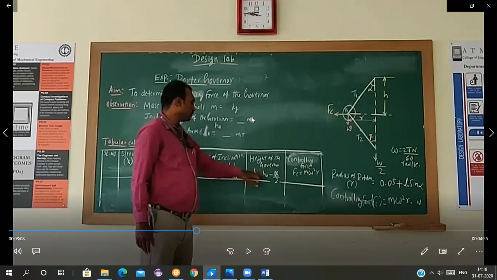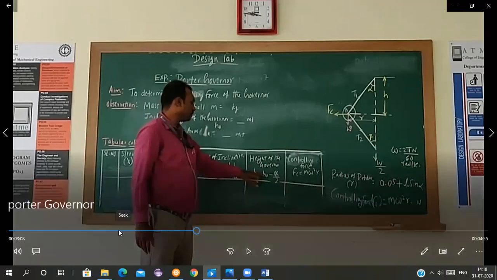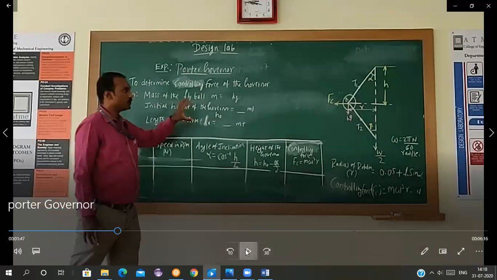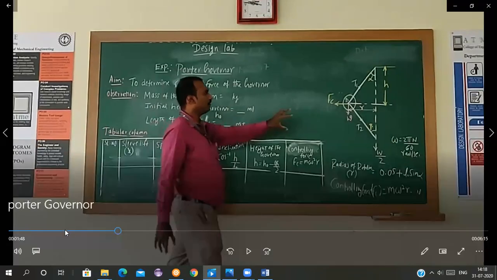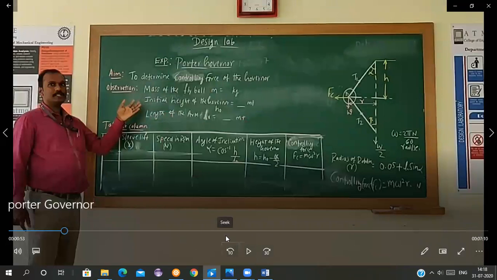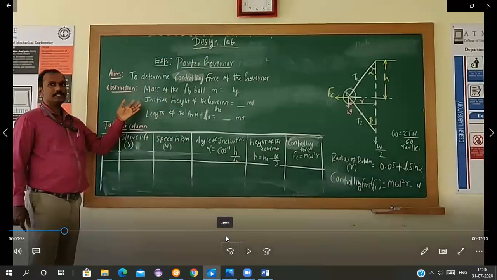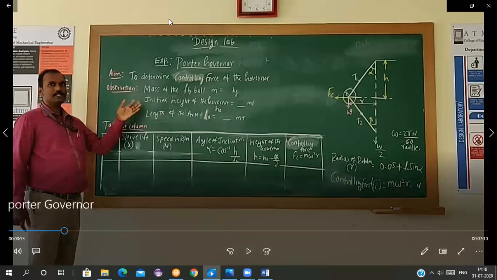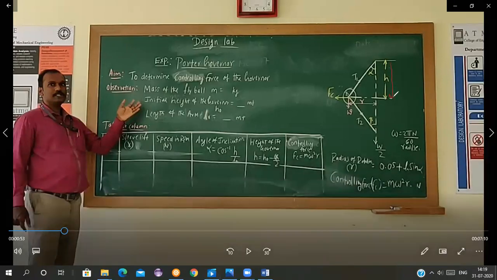The next thing is the length of the arm. We can take an initial value. If we are taking the height as 0.15 meters, can anyone tell me whether the length of this upper arm will be more or less than this?